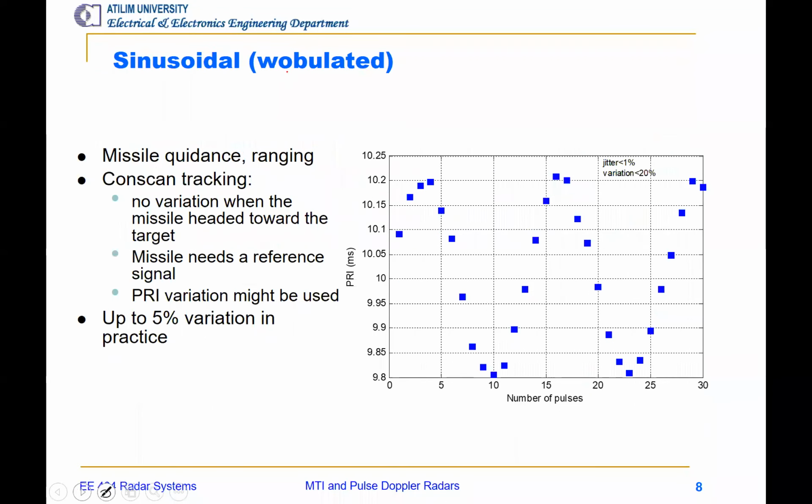Sinusoidal or wobulated, it's mainly used in missile guidance, especially conical scan tracking. If we draw the pattern, as you can see, we simply have a sinusoidal variation.